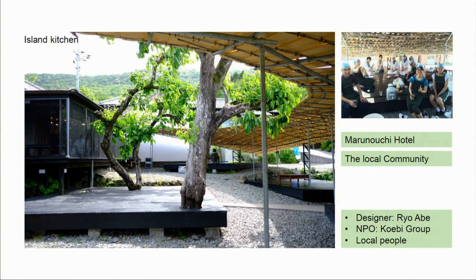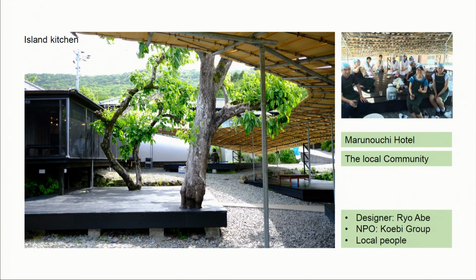One of the most famous ones is the Island Kitchen, and I have been there. It was proposed by the community in Teshima, and they cooperated with a hotel in Tokyo and invited the designer Abe to change a vacant house into a restaurant.